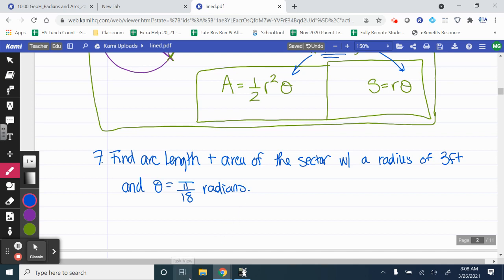And let's find the exact values for them. Exact value means in terms of pi. And also to the nearest hundredth.